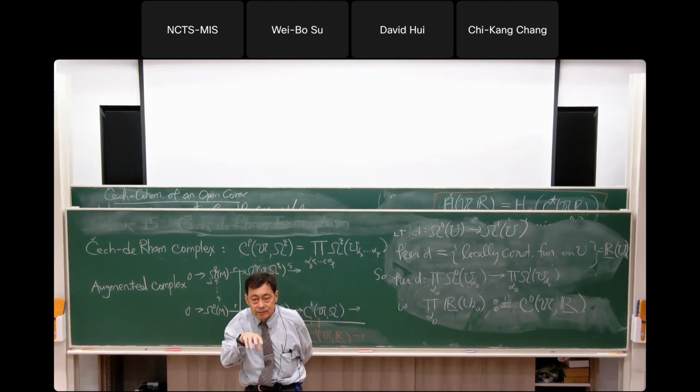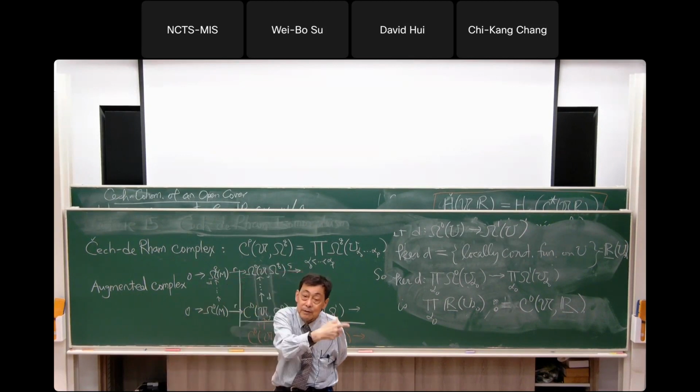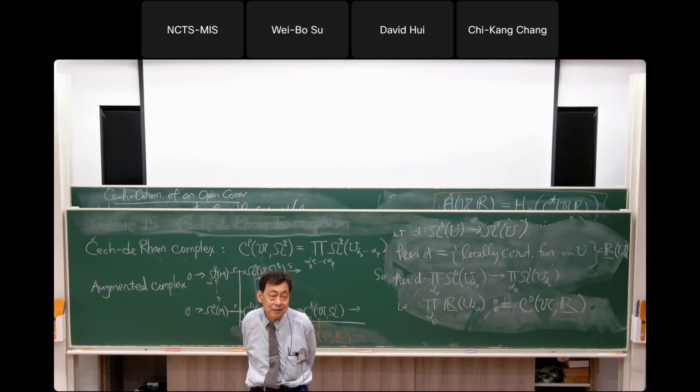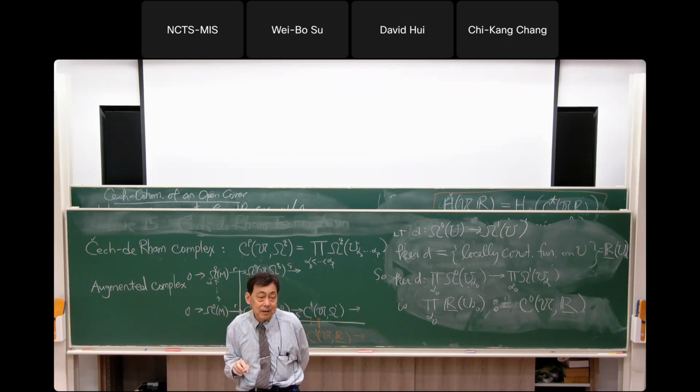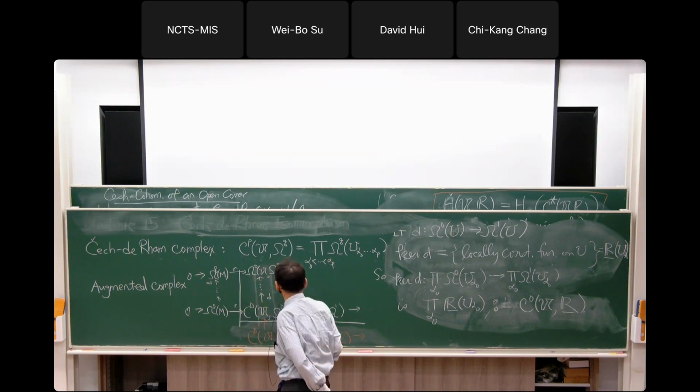What does exactness of a sequence mean in terms of cohomology? Exact means that the kernel is equal to the image of the preceding one. What does that mean in terms of cohomology? It means the cohomology is zero, because cohomology is the kernel over the image, and exactness means the kernel is equal to the image. So exactness of a differential complex means exactly that the cohomology is zero.